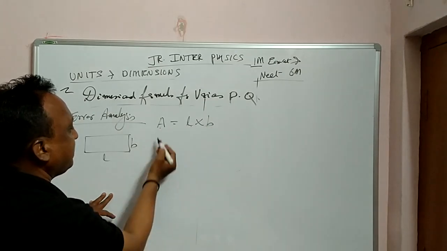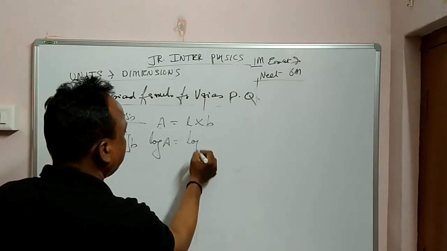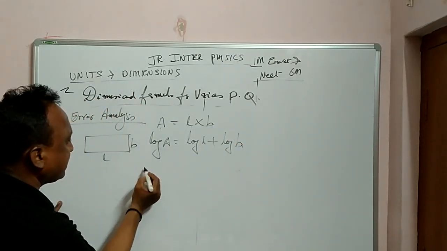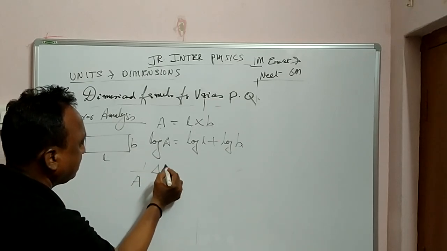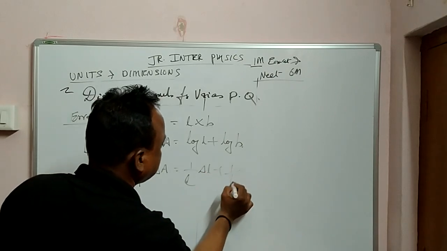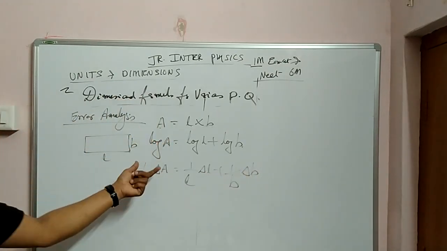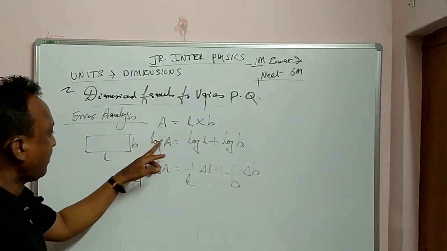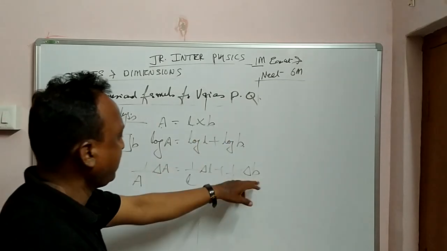A is equal to L into B. So if I take logarithms on both sides, log A is equal to log L plus log B. Finding the derivative, if you find the derivative, you will get 1 by A into delta A, 1 by L into delta L, 1 by B into delta B.